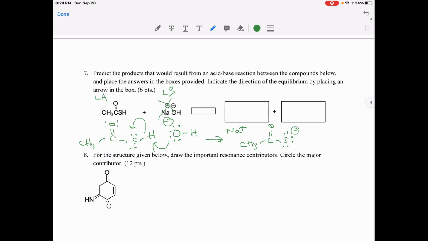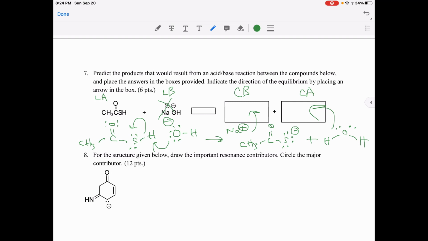In addition, the hydroxide has now obtained a hydrogen, allowing it to form water, which in this case would be the conjugate acid. So here we can put all these products in these boxes, and we see that the first one is a conjugate base, and this is a conjugate acid.